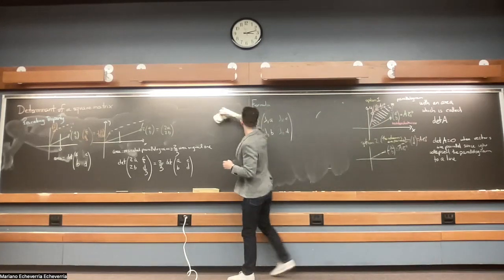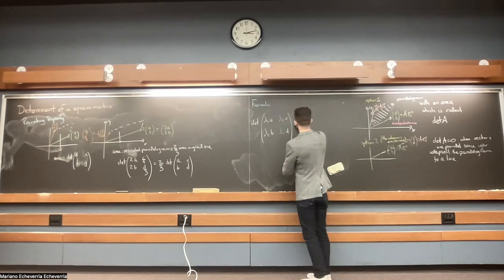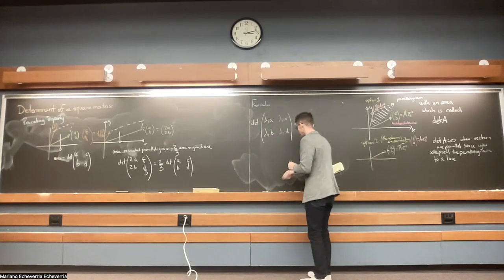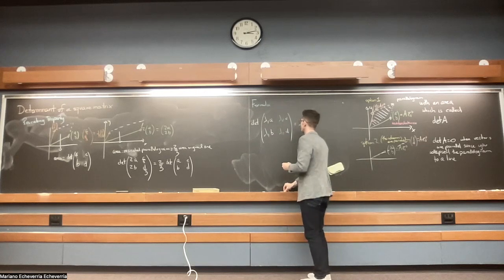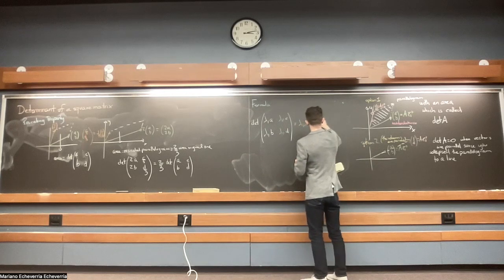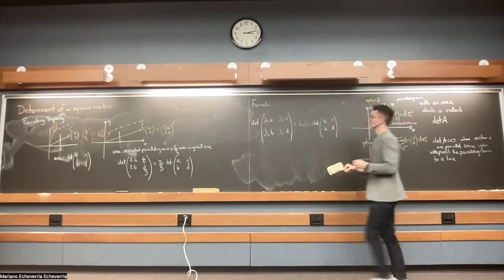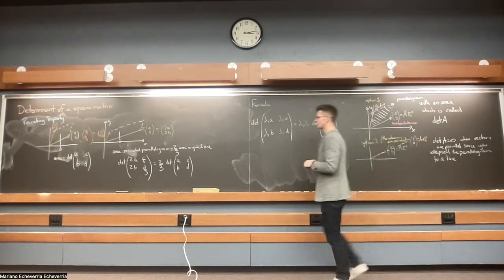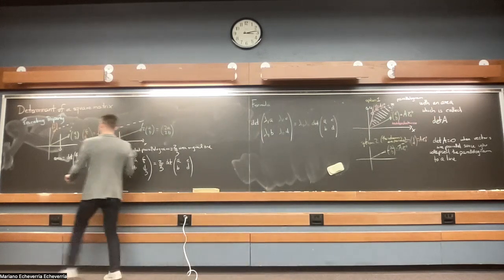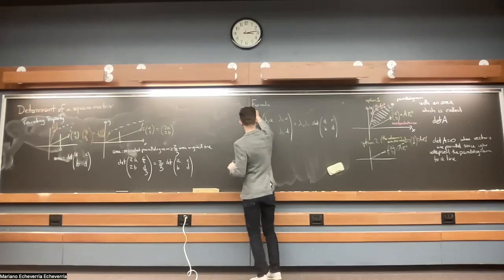then this will be lambda 1 times lambda 2 times the determinant of the original matrix. Does that make sense? This is one of the important formulas for today that you must memorize.